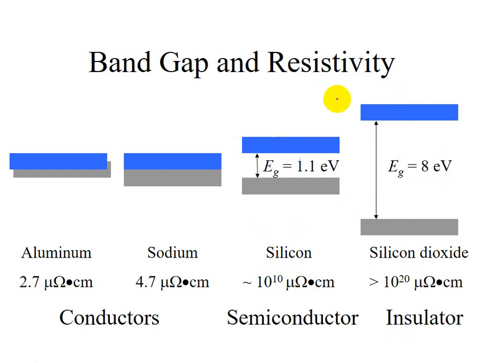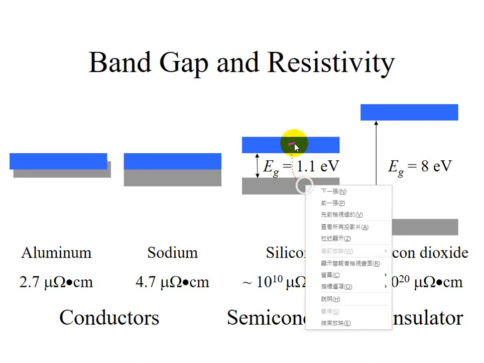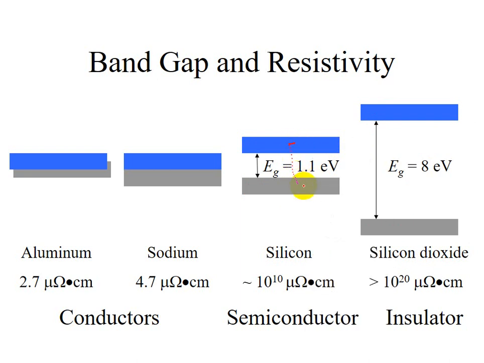So supposedly it is an insulator, but because the energy band gap is less than 2 electron volts, it has a very good probability that after receiving energy from outside, an electron can move from here to here and form an electron hole pair, and these two will contribute to the conductivity for silicon.